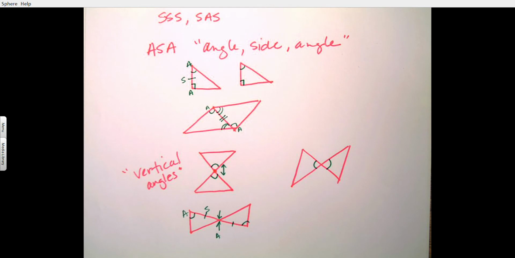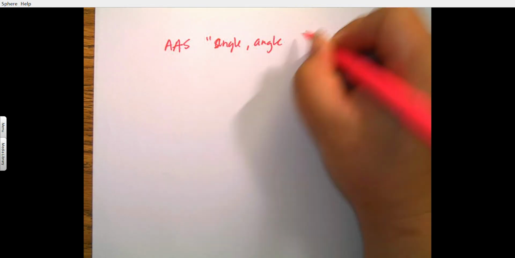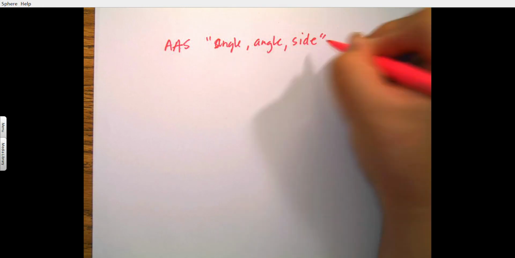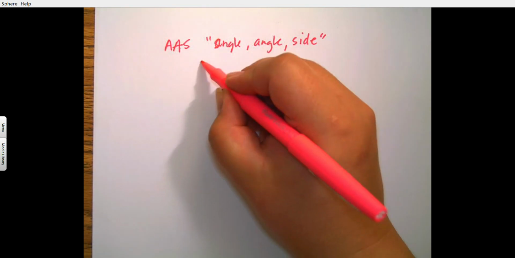Okay, the other one we need to go over is what we call angle, angle, side. Angle, angle, side. You have to be so careful. You cannot skip sides, okay?